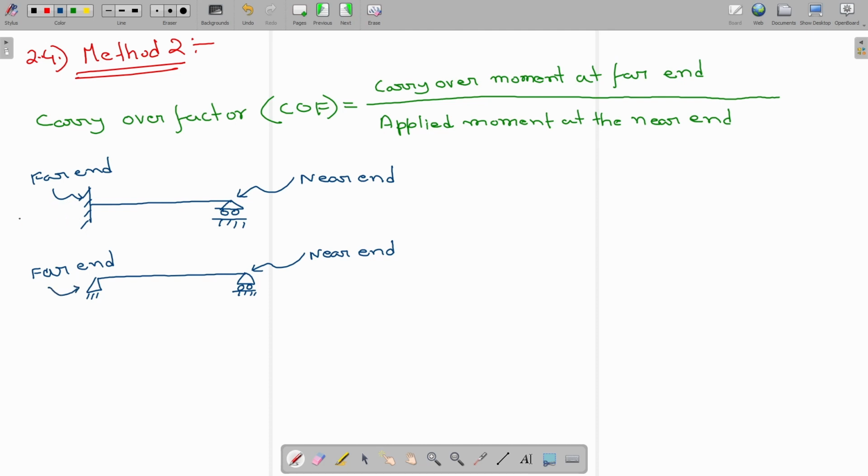This is fixed, and this is hinged. So based on the far end, the moment transferred from the near end will change.